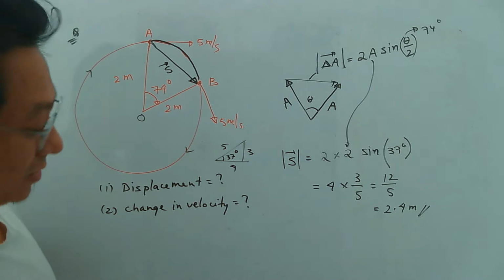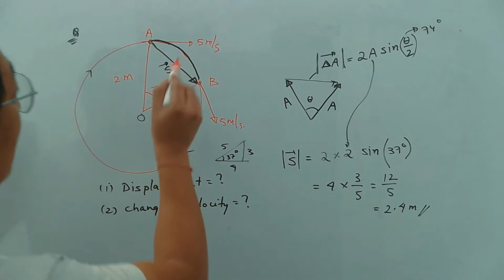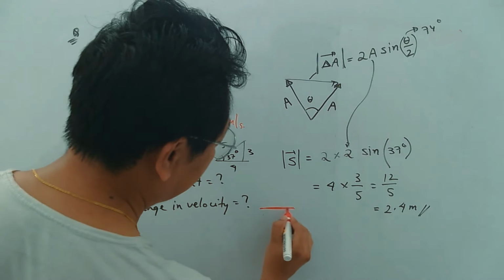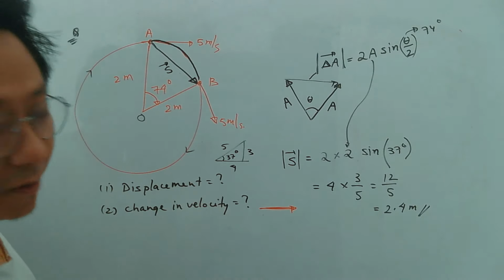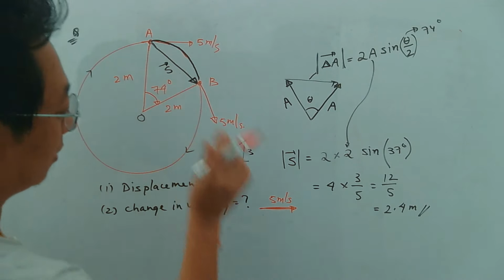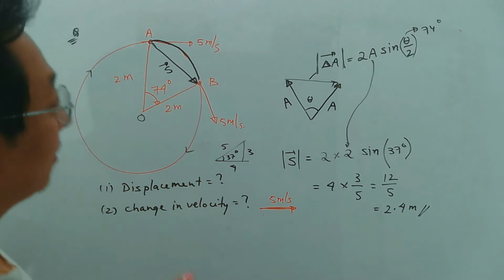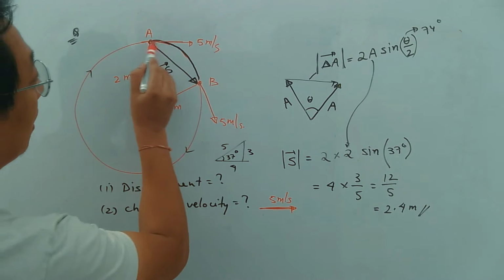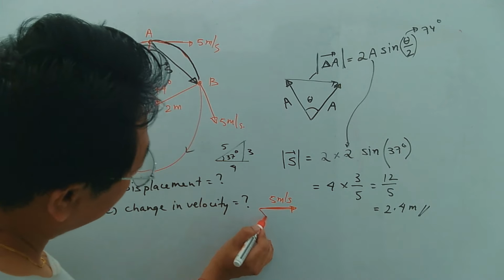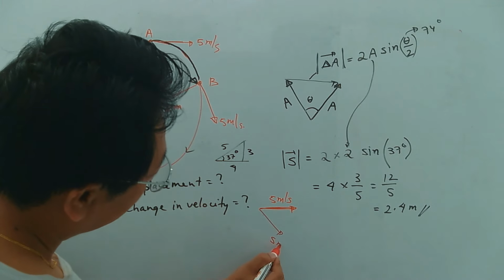Now, let us discuss change in velocity. Now, this vector represents the initial velocity. 5 meter per second was the magnitude of this velocity vector, that means the length of this vector. Now, that velocity has turned and became this velocity, isn't it?